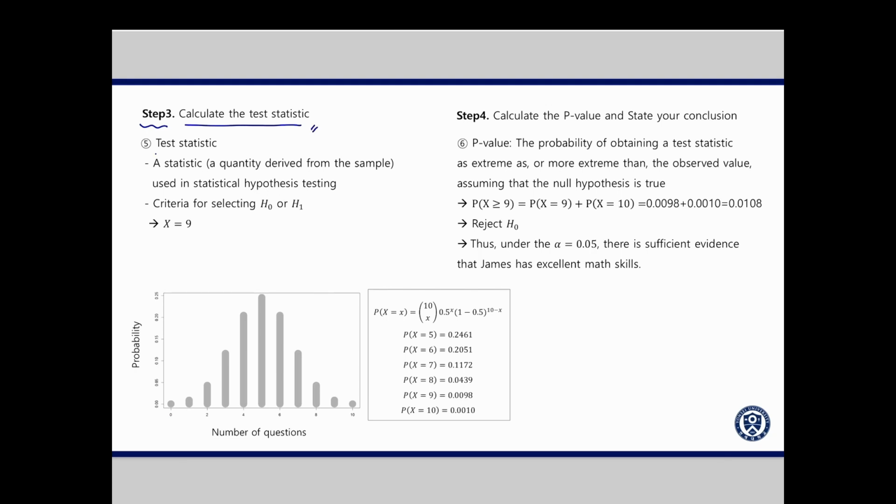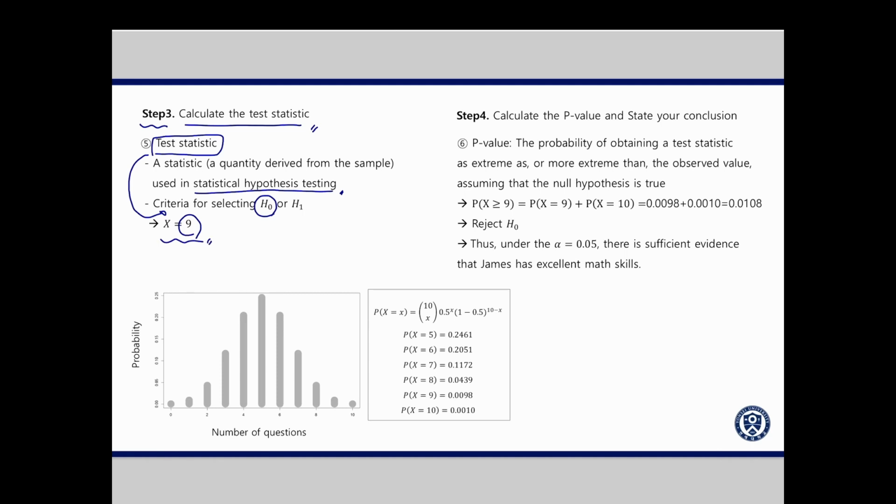Using the test statistic, which is used in statistical hypothesis testing, we can determine whether to reject H0. That is, the statistic is the criterion for rejecting H0 or not. In this example, since James answered 9 out of 10 questions correctly, the test statistic is x equals 9.